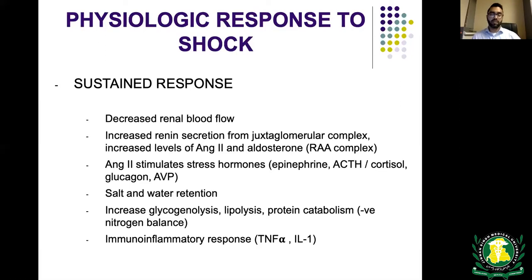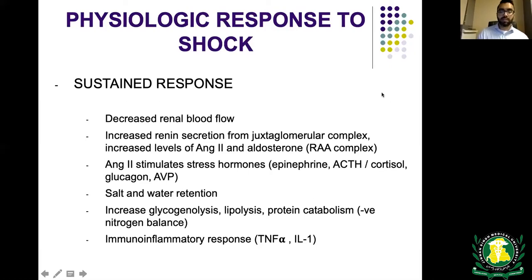The renin causes angiotensin 1, which is secreted from the liver, to be converted to angiotensin 2 by the lungs. And angiotensin 2 is the most potent vasoconstrictor known. Second, renin also increases secretion of aldosterone, which is important in salt and water retention in the body.